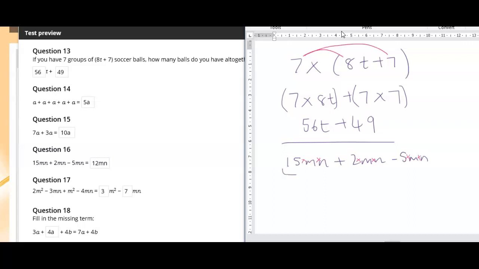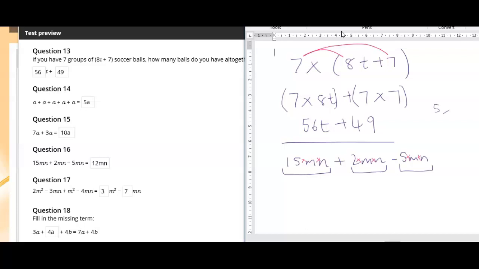So this is a term, this is a term, and this is a term. Okay, so they're separated by a plus or a minus sign. And they're like terms because they have the same pronumeral part. So all 3 of them have mn. And it doesn't matter if it was written as nm because we're multiplying. And when you multiply numbers together, the order doesn't matter.